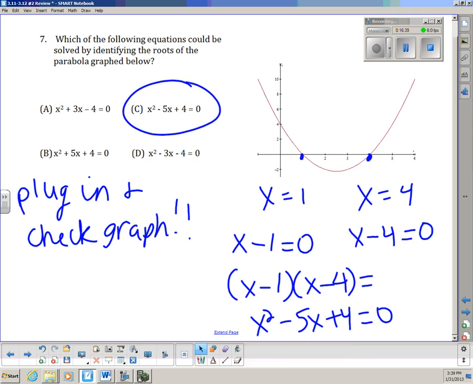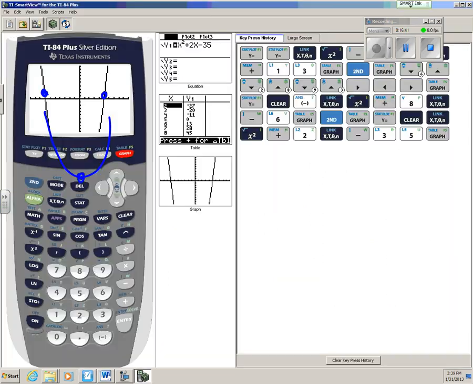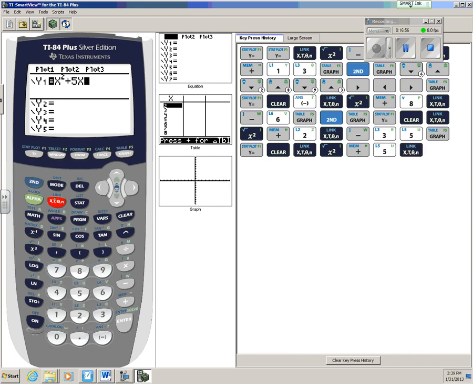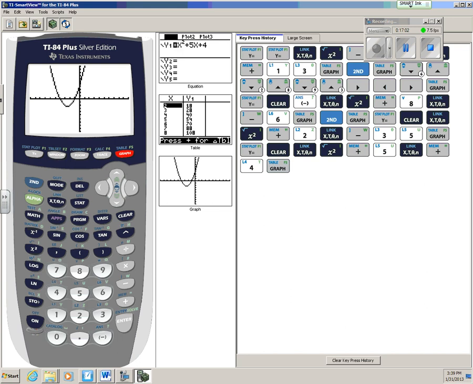And that's the last thing that we will do. Quick check, y equals, get rid of this, clear it out. Choice C says x squared minus 5x plus 4. Quick graph. Did something wrong.